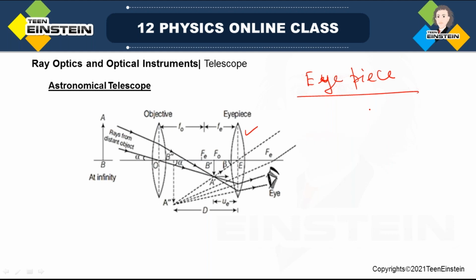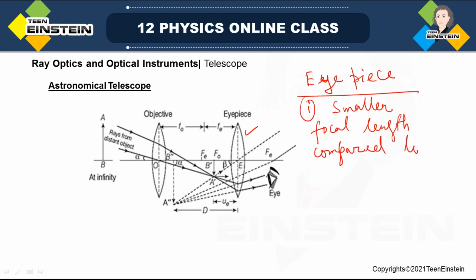The eyepiece is also a convex lens of comparatively smaller focal length, compared to the objective. And the aperture also is small here.